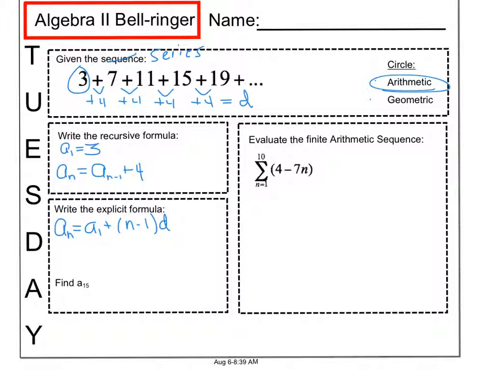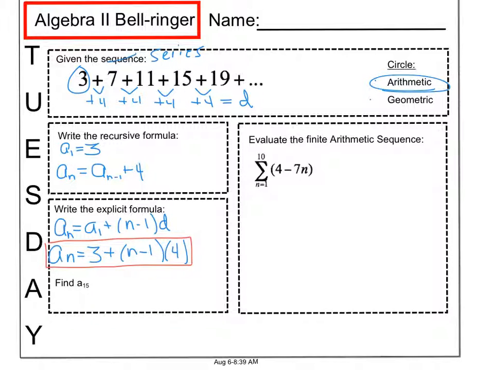Now all we need to do is plug in the numbers that we have for the first term and for the common difference. So I can get any term by taking the first term, which is 3, adding n minus 1 to it, and then multiplying by the common difference. In this case, that's 4. And that is my answer for the explicit formula.